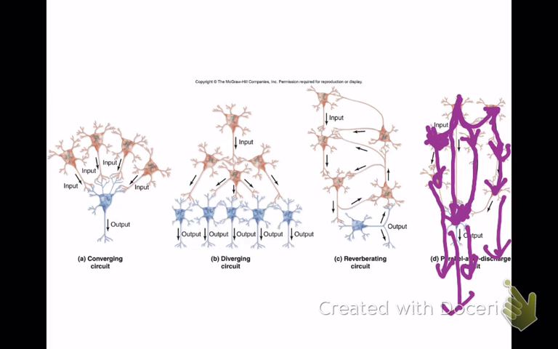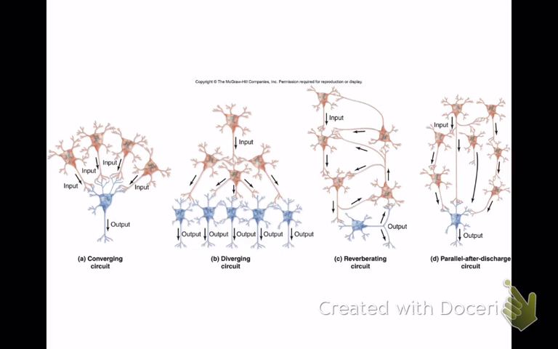So you get specifically and discretely 4 signals out with this setup. Not just sort of reverberating for 2 seconds, more or less, but exactly 4. Okay? So it's very discrete, this parallel after discharge circuit, and it lasts a very specific period of time.